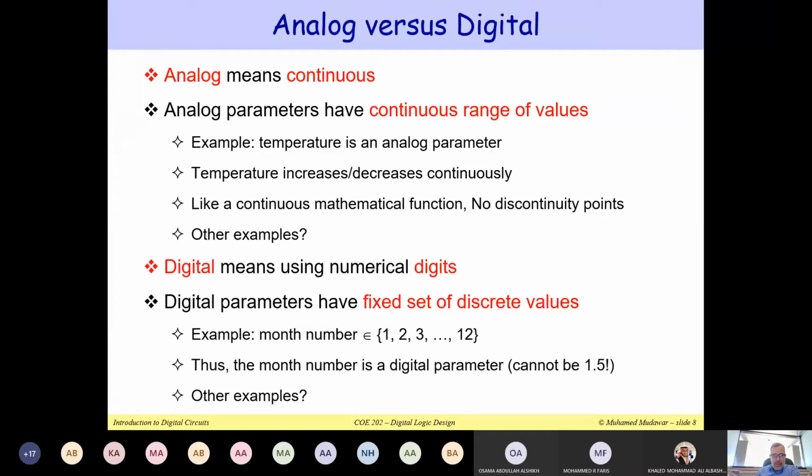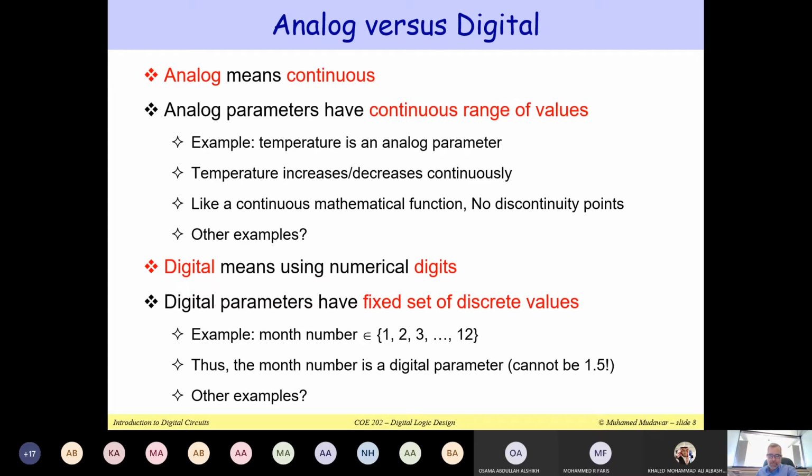Okay, good. On the other hand, we have digital. It comes from digits, so numerical digits. So you have a fixed set of discrete values. For example, the number of a month can be from 1 to 12.